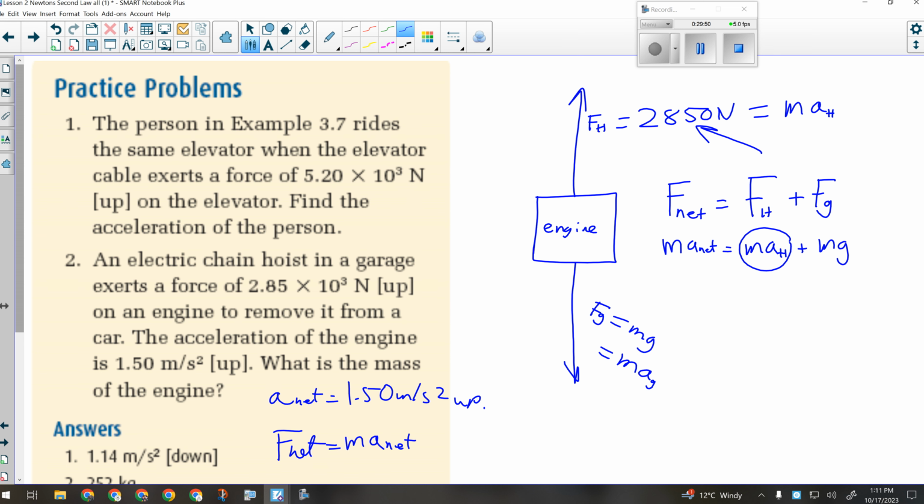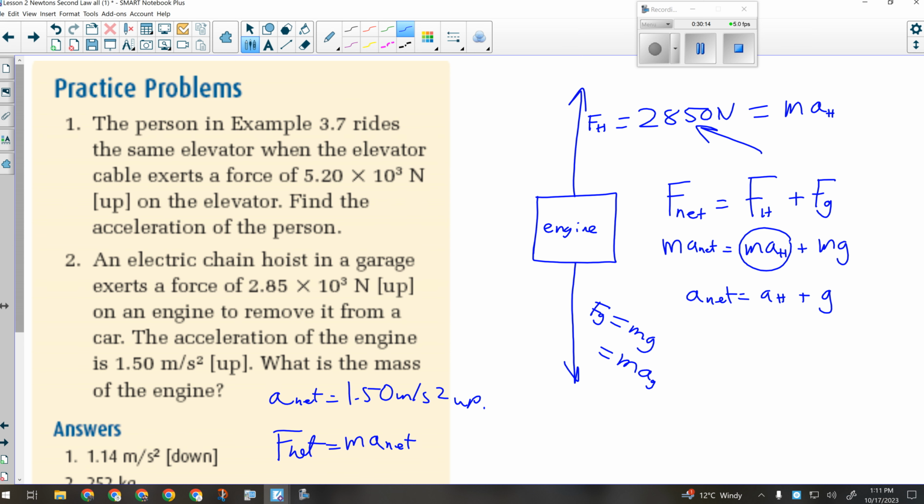I could work backwards. So really what we're saying here is the sum of all forces gives you the net force. Well, by the same token, since acceleration is also a vector quantity, the sum of all accelerations should be the net acceleration. We add all vector quantities in the same way.